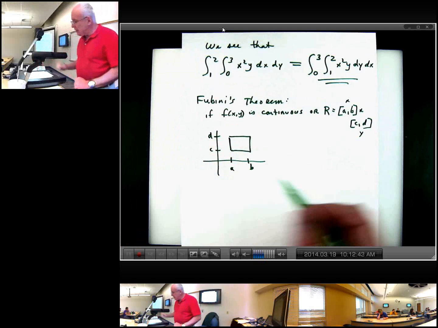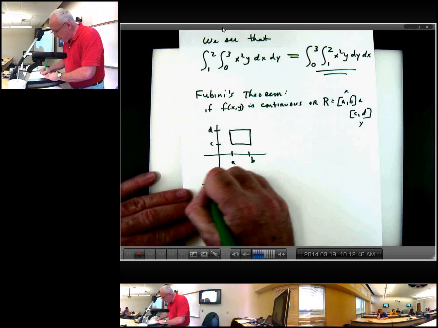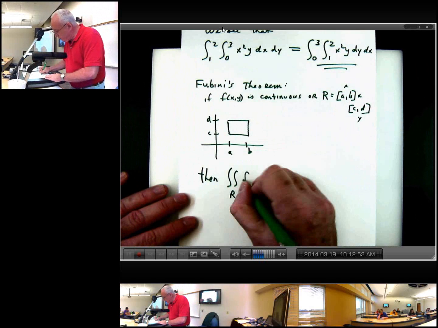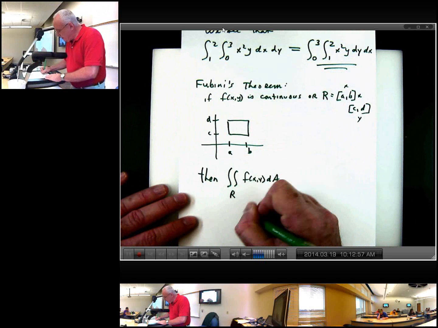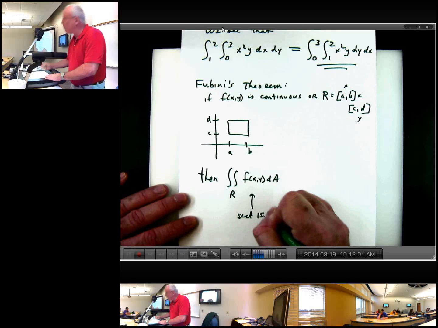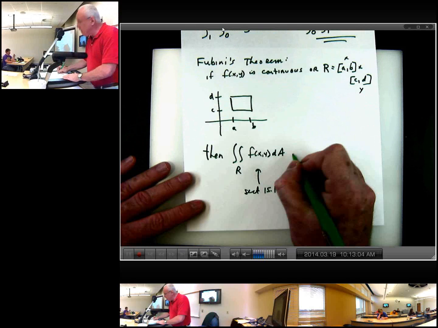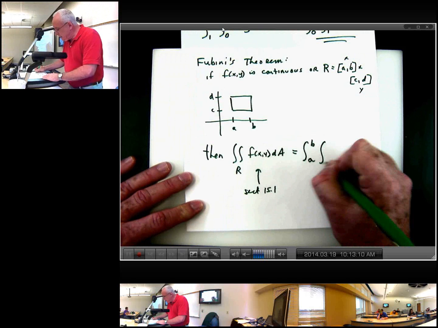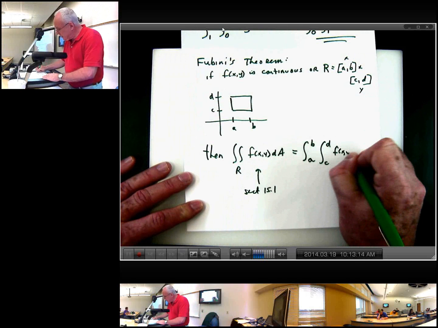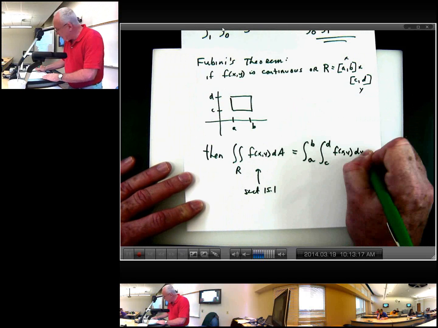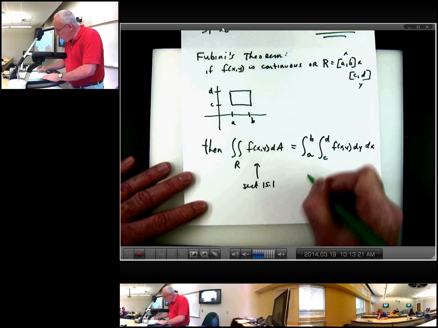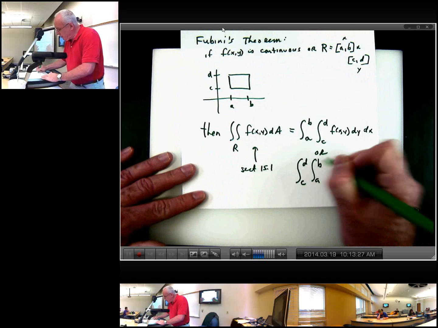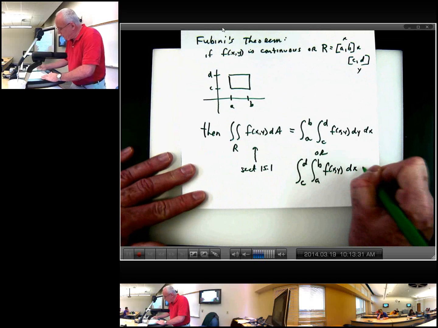If f of x, y is continuous on this rectangle, then the double integral over the rectangle of f(x,y) dA, and this is notation from section 15.1, is equal to our iterated integral, the integral from A to B, C to D of f(x,y), C to D would be y first, dy, and then x next, or just reversing the order, the integral from C to D, A to B of f(x,y) dx dy going the other way.